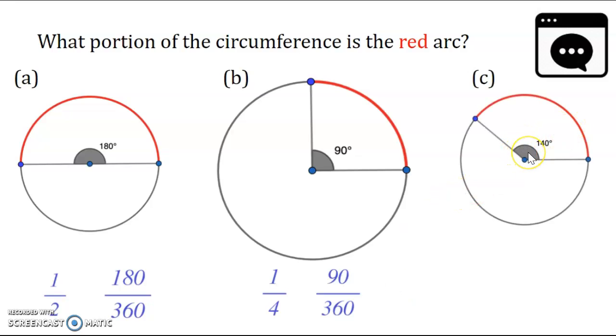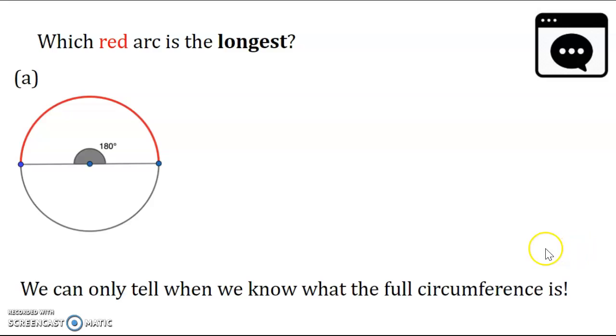And what about 140? 140 is 140 divided by 360, which we can simplify by dividing both top and bottom by 10, giving 14 over 36, and since both are even, we can divide by 2. So 7 over 18 is the simplest fraction we're dealing with.